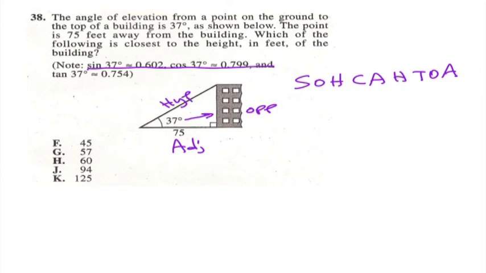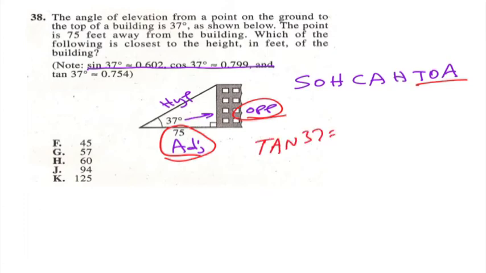The second thing is, what did they give me? They gave me my adjacent. What are they asking for? Opposite. So we're using tangent again. Now in this case, we write it out. Tangent of 37 is equal to x, or opposite, over 75.